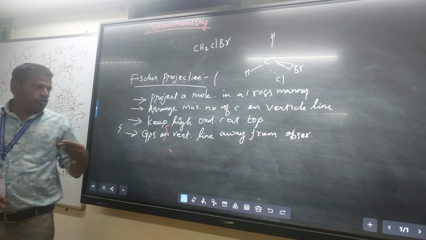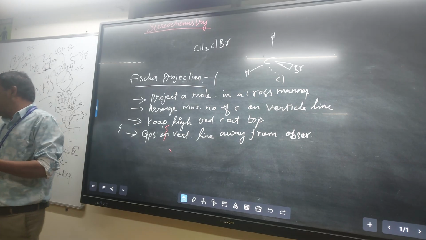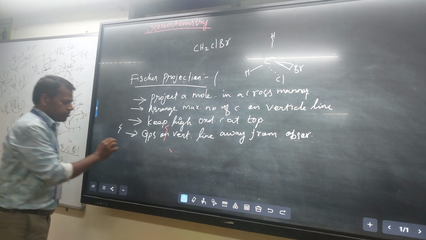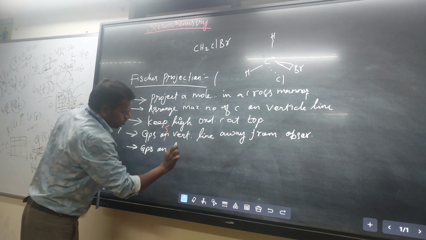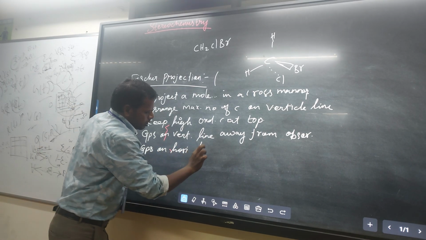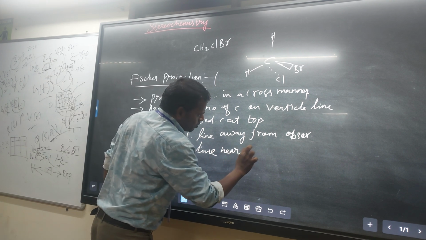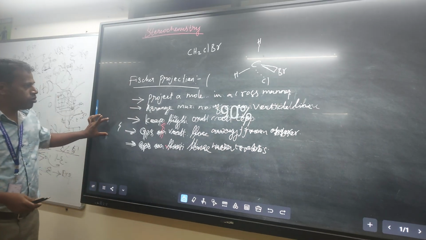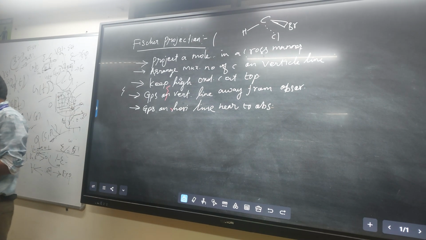So the groups on the vertical line are away from the observer, and the groups on the horizontal line are near to the observer.